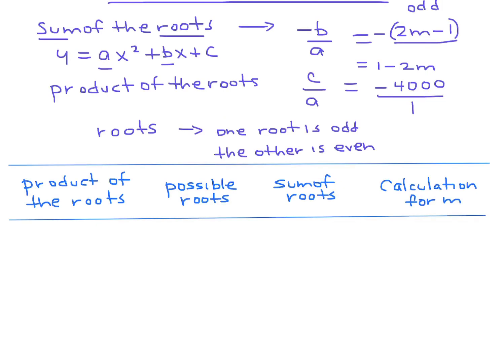The first one is the product of the roots, which is always going to be minus 4,000. So that's going to be easy to fill out. The next column is going to be the possible roots. So we will have to figure those out. Sum of the roots is always going to be of this form, 1 minus 2m. And then I will calculate the value for m. And then we will be able to see what is the possible values for m.